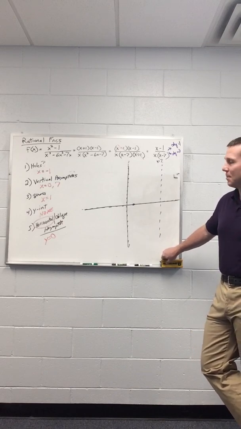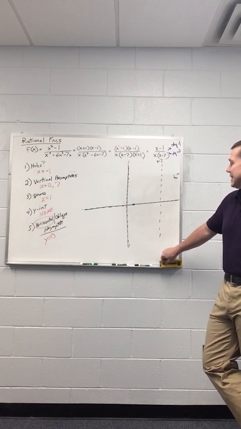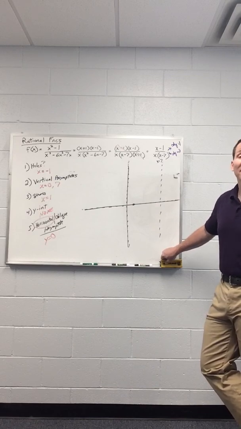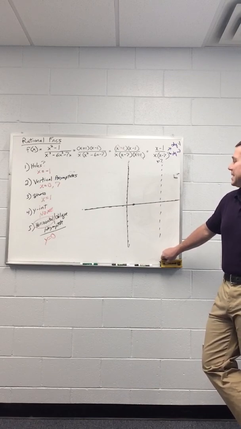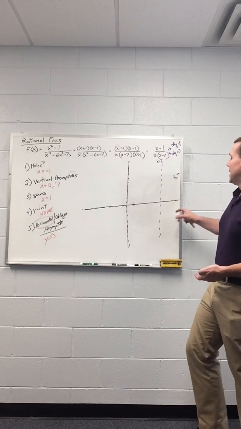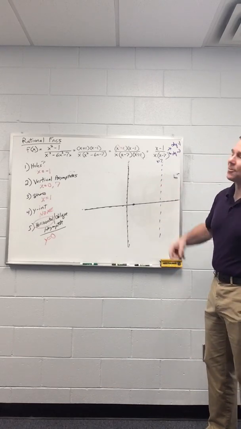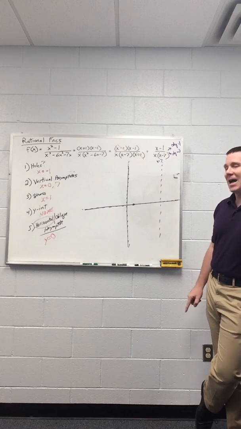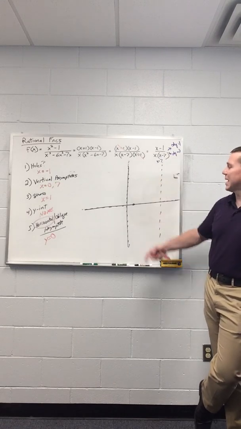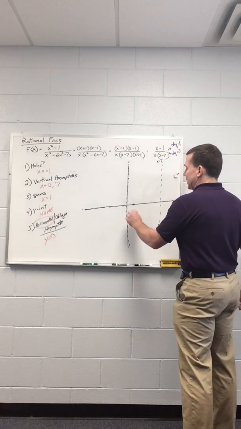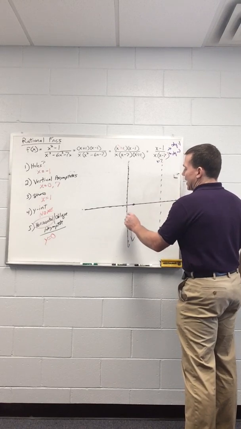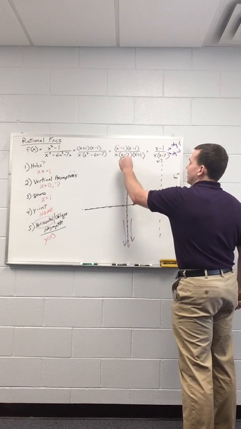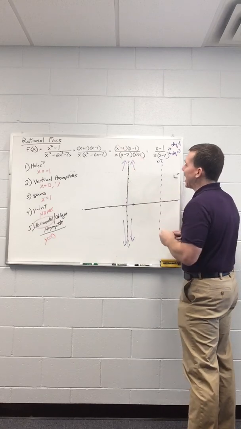The problem here, much like with a lot of these, is that I don't really have a lot of information. But what I do know is, around the vertical asymptote, where the function is undefined, I have to either go up to infinity or down to negative infinity. So basically, around the asymptotes, I either go down like that, or I go up like that.